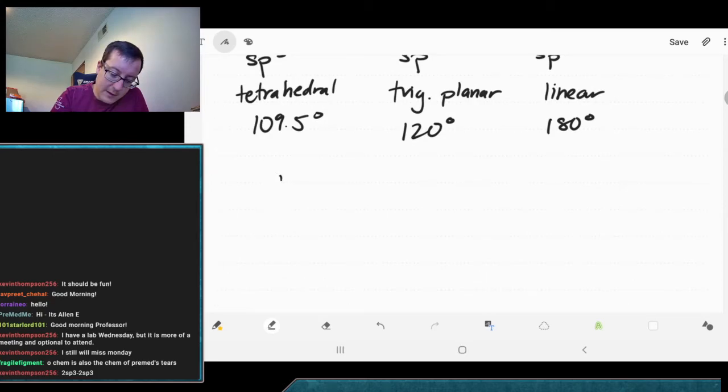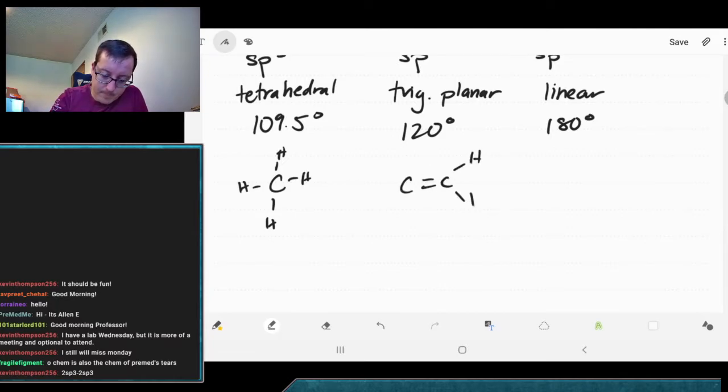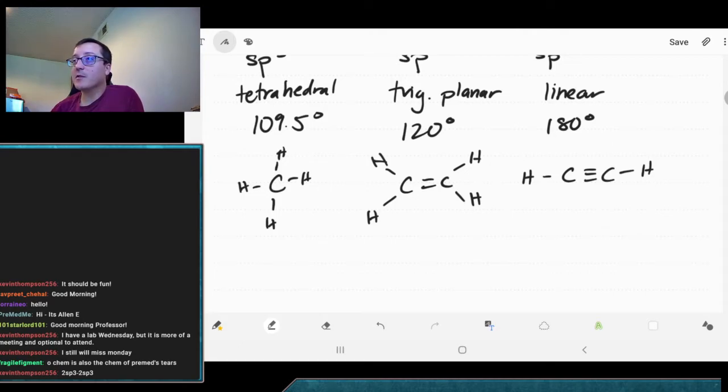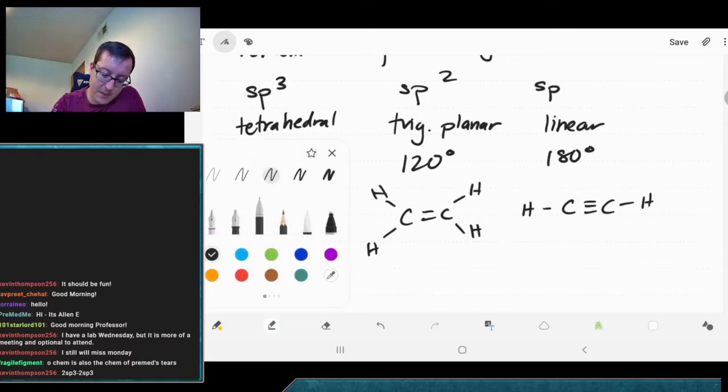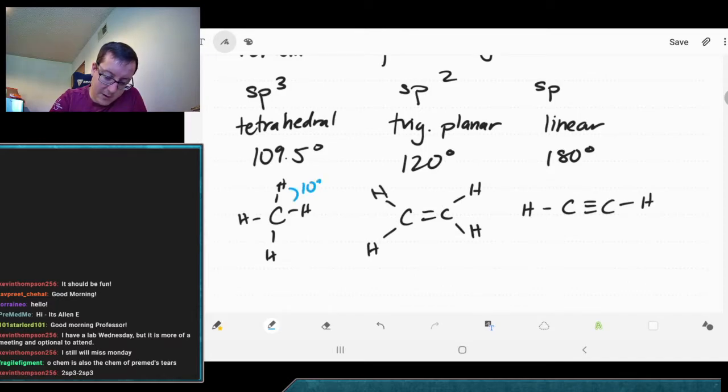So just taking a look here, we've got our examples of each different type here. So the carbons in these molecules follow those hybridizations. And those bond angles are going to be present as well. So the bond angles here, 109.5, 120, 180.